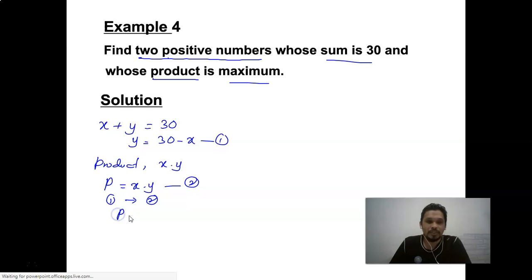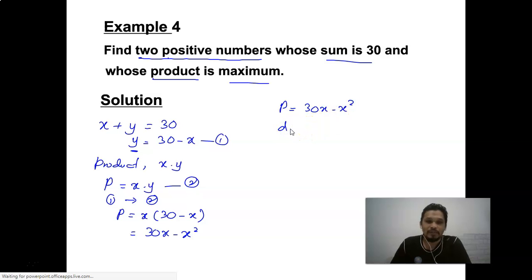P equal to x and y, where y is now represented by 30 minus x, then we come up with 30x minus x squared. So this is the equation that we are going to use now: P equal to 30x minus x squared.